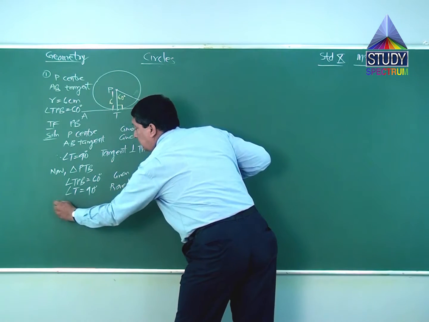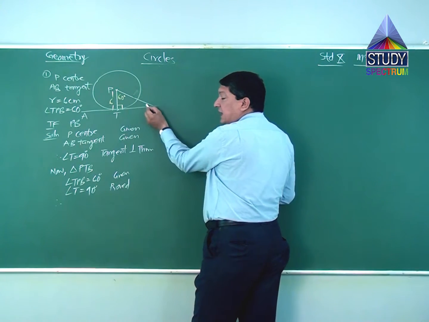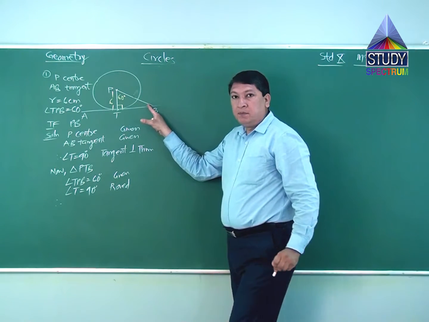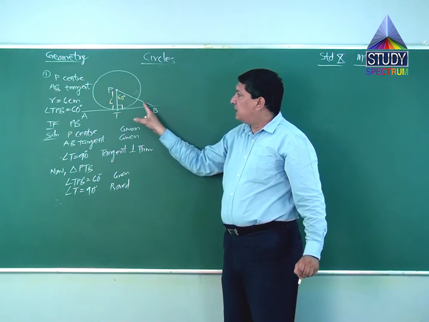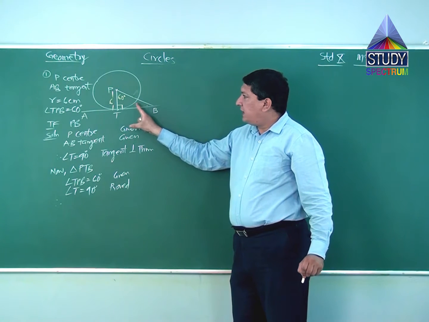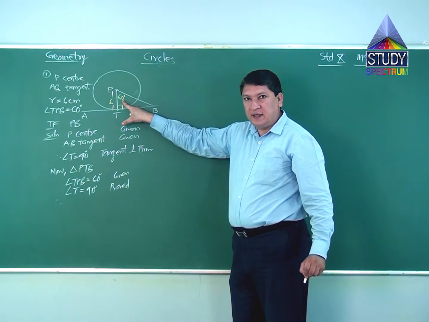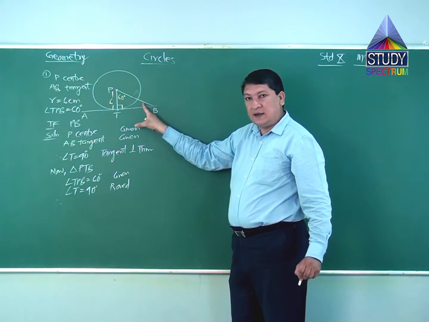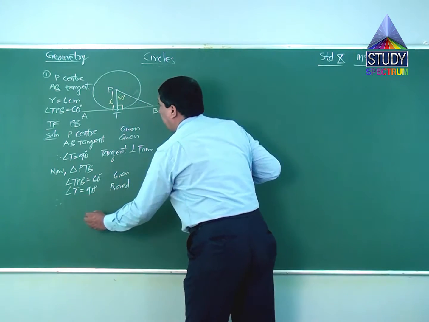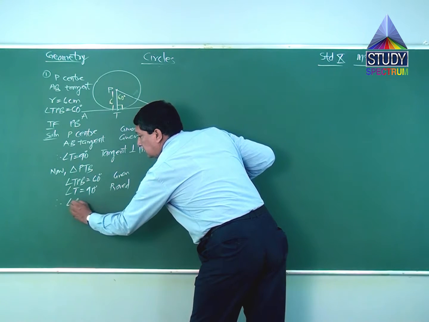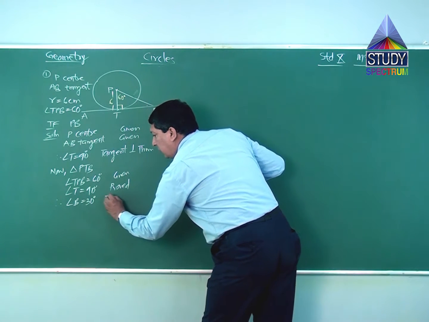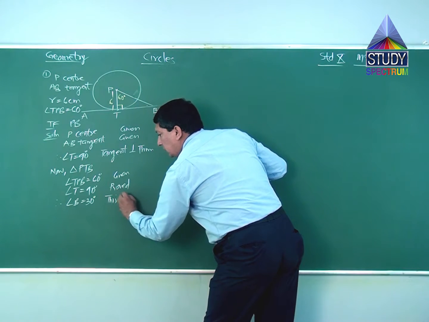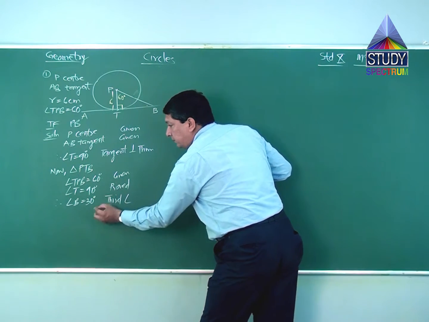Therefore, there is one more angle left. This is that angle. And we all know sum of three angles is 180 degree. Now out of 180, 90 plus 60 is 150. Remaining is 30 degree. So we can write, therefore angle B is equal to 30 degree, third angle of a triangle. So sum gives you 180.